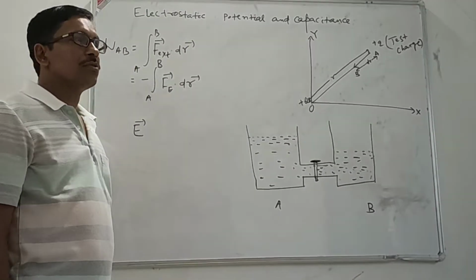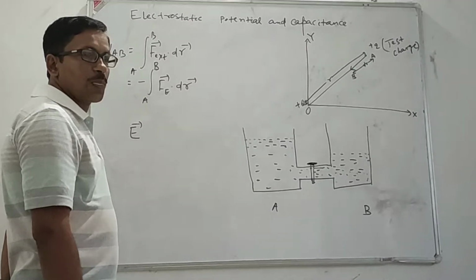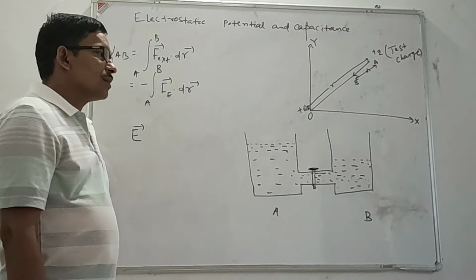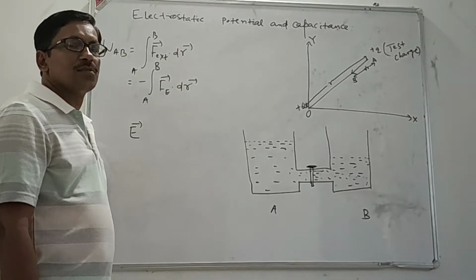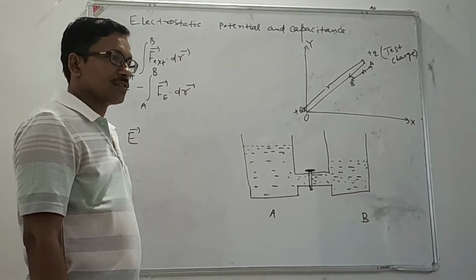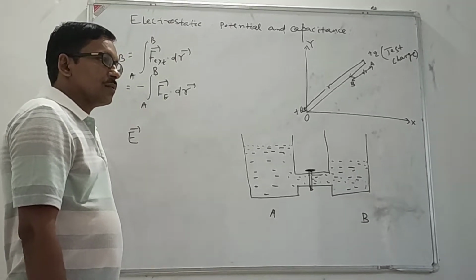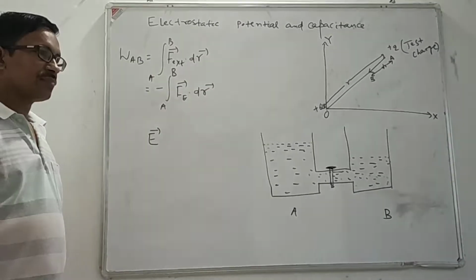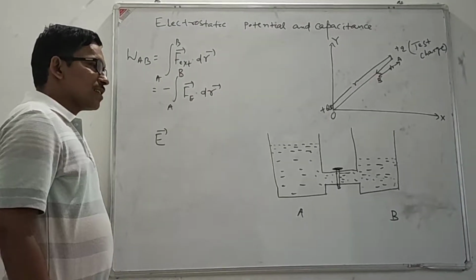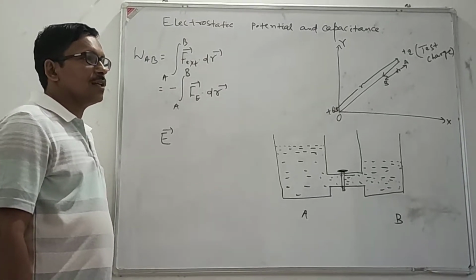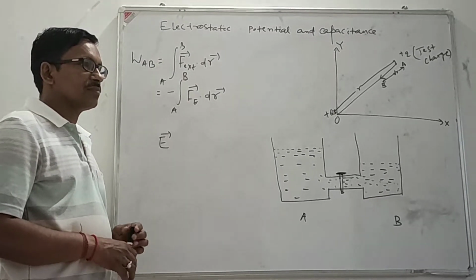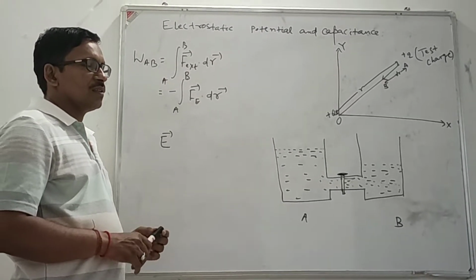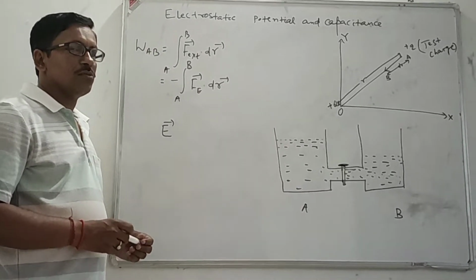This is due to the difference in level of water in both the containers. Similarly, if you take two charged bodies which are kept in contact, the charges will flow. When two charged bodies are kept in contact, then the charge flows from higher potential to lower potential.